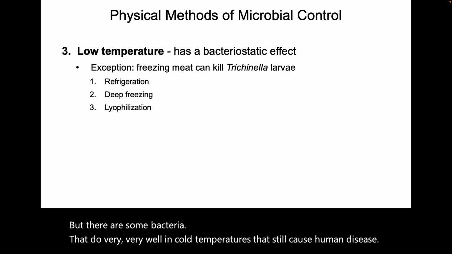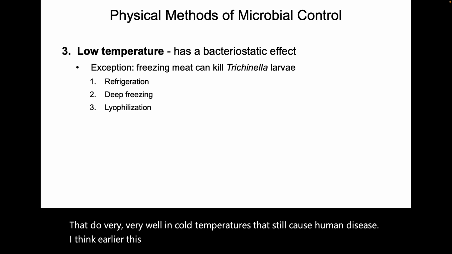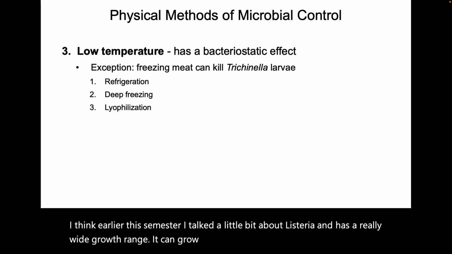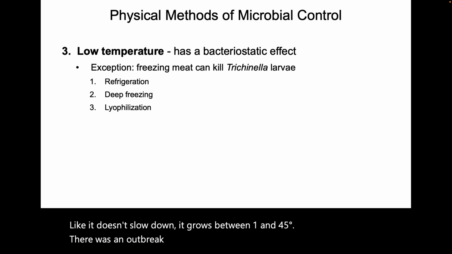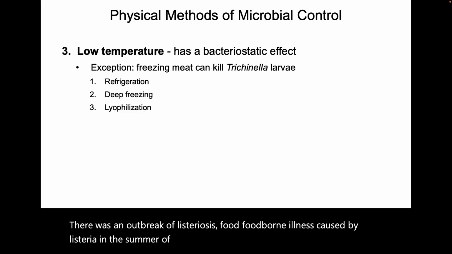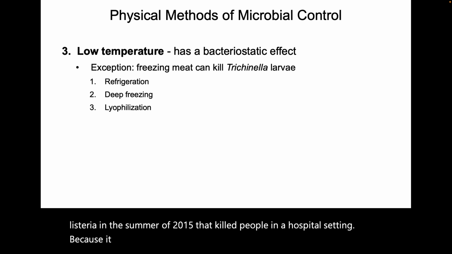I think earlier this semester I talked a little bit about listeria and how it has a really wide growth range. It can grow in the refrigerator. Like, it doesn't slow down, it grows between 1 and 45 degrees. There was an outbreak of listeriosis, foodborne illness caused by listeria, in the summer of 2015 that killed people in a hospital setting because it was contaminating ice cream.